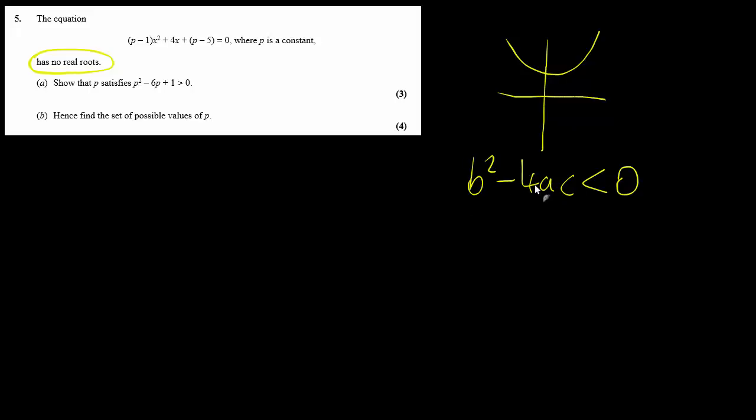If we apply this to our formula, we know that a is p minus 1, because that's the coefficient of x squared. We know that b is 4, and we know that c is p minus 5.